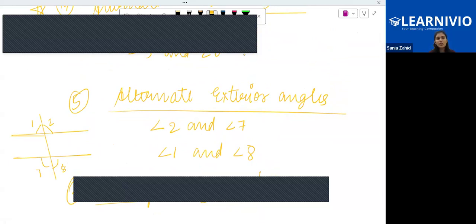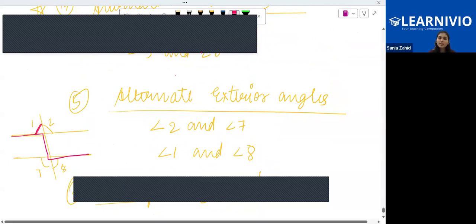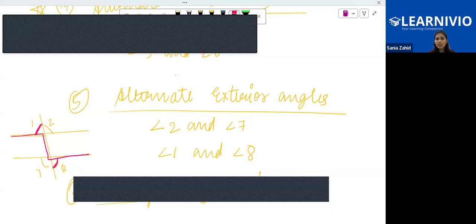So, if you form a Z, on one side you have 1 and on this Z only, you have 8. Angle 2 is not on this Z, it is not touching this Z. So we have angle 1 and angle 8.